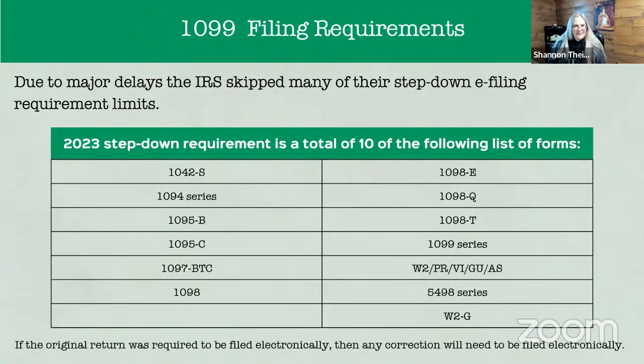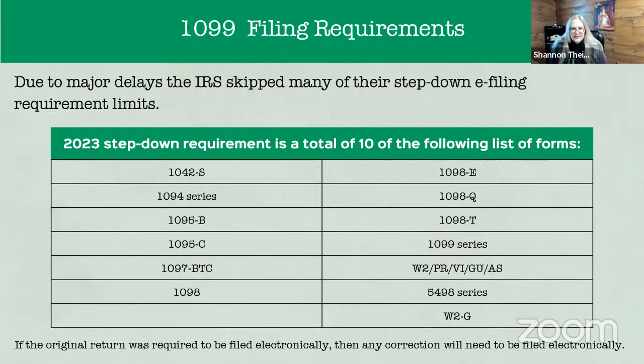And then 1099 filing requirements. The IRS talked about their step down for e-filing requirements. It was 250, and then it was going to be 100, then it was going to be 50, and then 10. But they kept skipping a lot of their step down e-filing requirement limits.